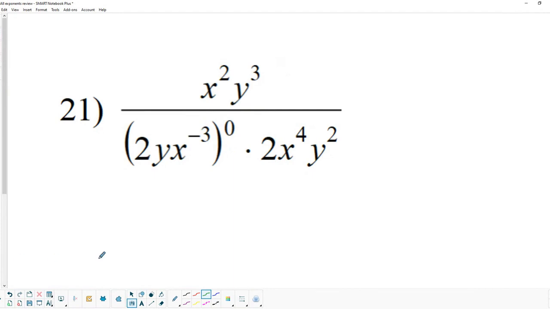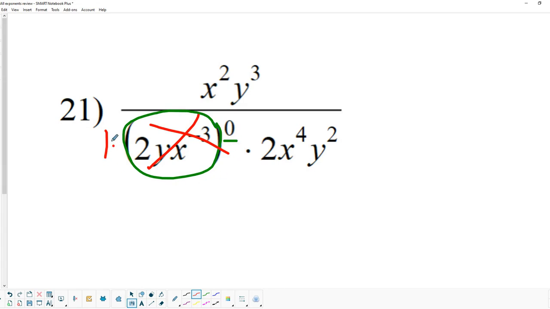All right, here's another one that looks a little bit complicated, but first of all, let's see if we can do a little simplifying before we get too far into this. I notice I got this big section on the bottom here that is all raised to the 0 power. So that means that this whole part just becomes 1. So this is 1 instead of all of that.